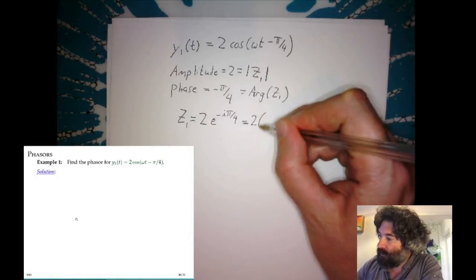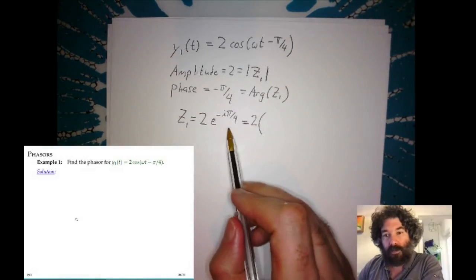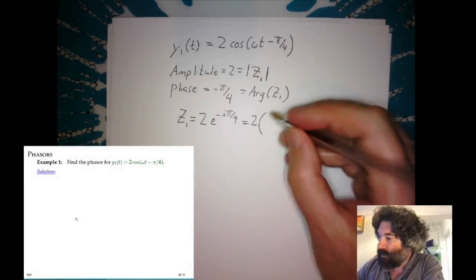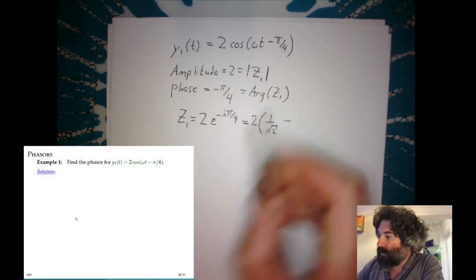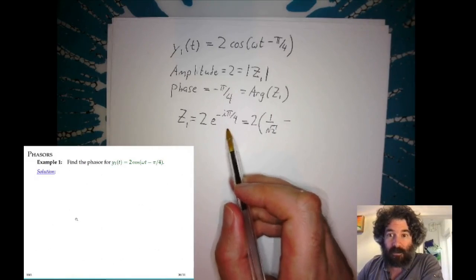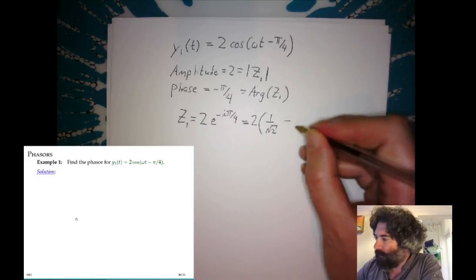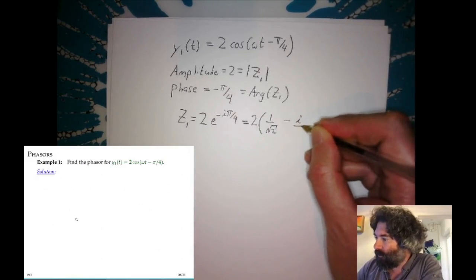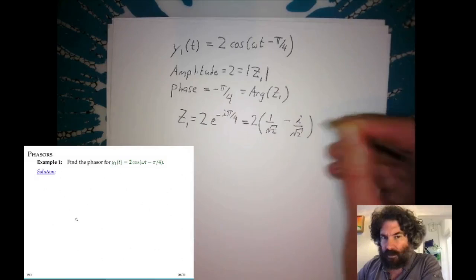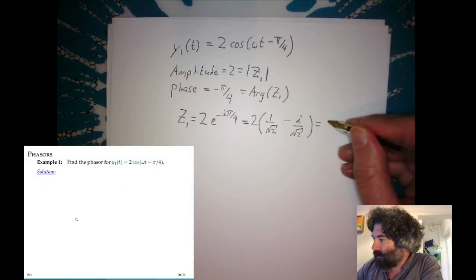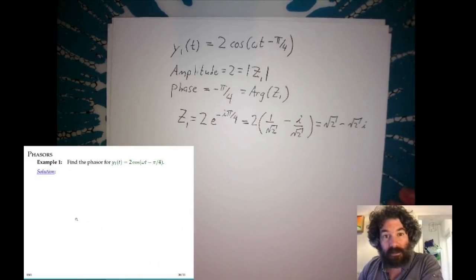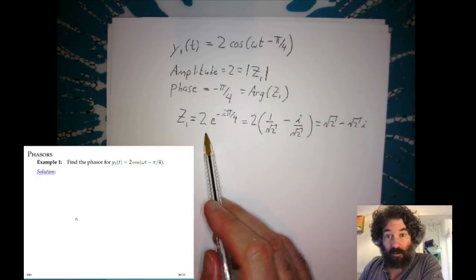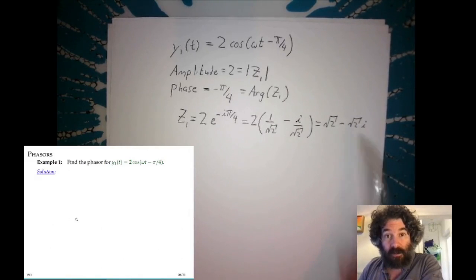So this would be 2 times cosine of negative pi over 4, which is 1 over square root of 2, minus sine of pi over 4, that's sine of negative pi over 4, times i, which would be i over square root of 2. And so this would be square root of 2 minus square root of 2 times i. That's the phasor, either written in the exponential form or in terms of the real and imaginary parts.